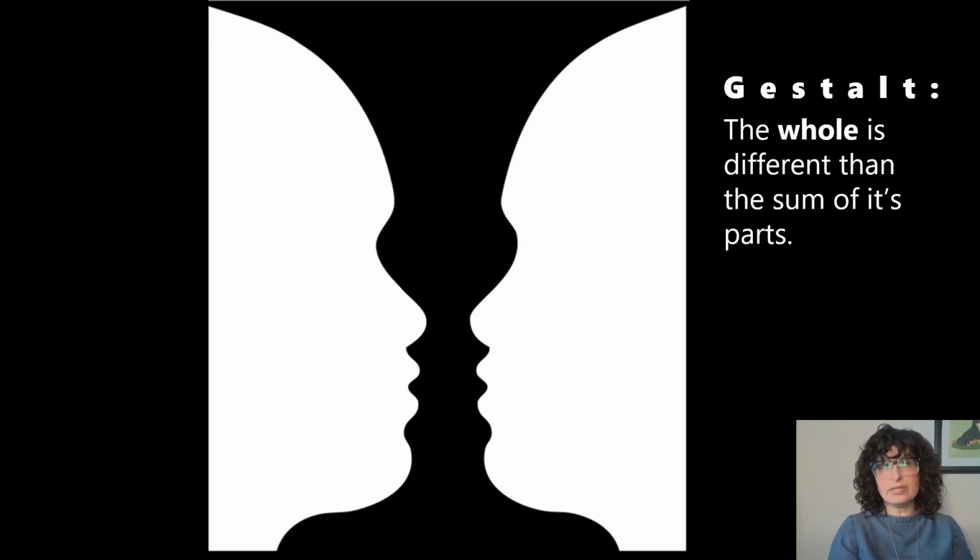Interestingly, I think Gestalt psychology actually dealt with a bunch of different psychologically related concepts. So it was paramount in and really central to sensation and perception with the principles that we'll talk about. But you can also see Gestalt therapy. So the Gestalt psychologists looked at psychology all over the place and really looked anywhere where they could find this pattern that the whole is different than the sum of its parts.